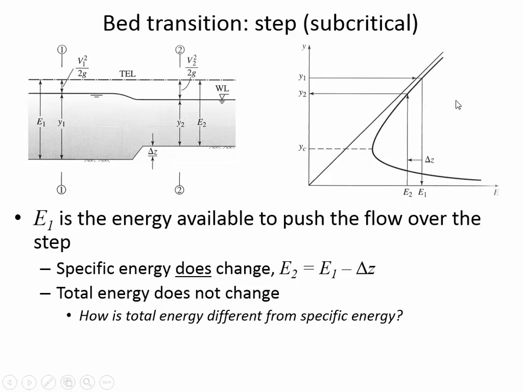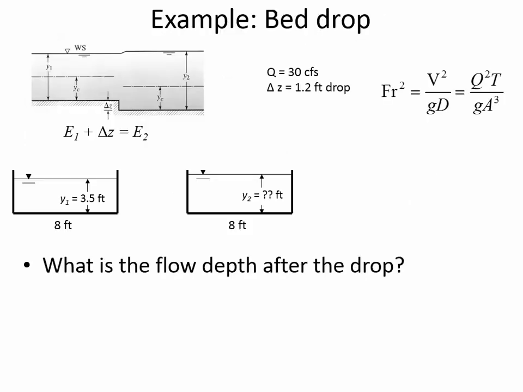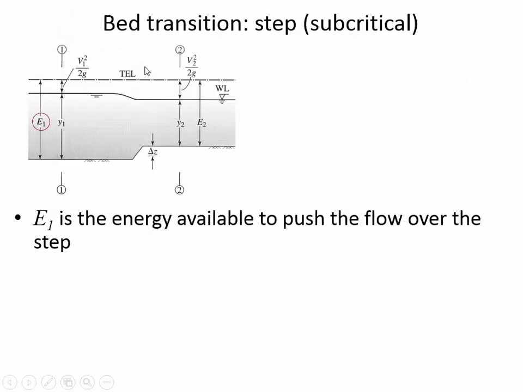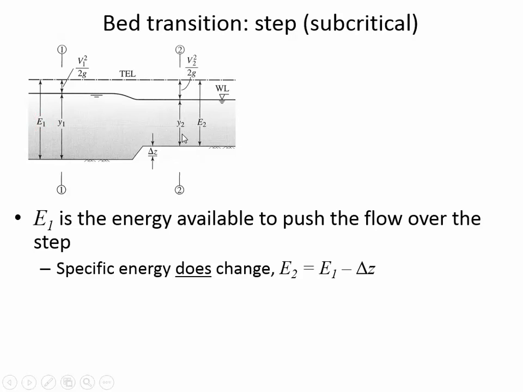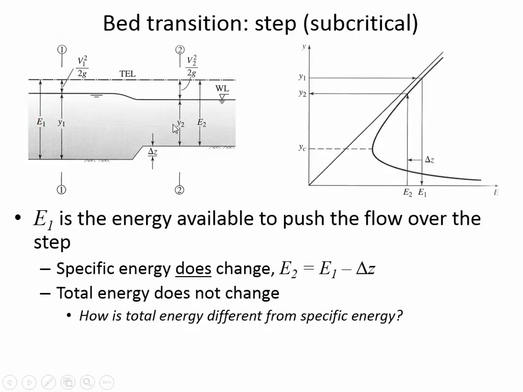But we're not gaining energy. Gaining energy means that your E is getting bigger, but our E is getting less, and so that puts us lower on the top part of that curve. The water surface here, it increased. Here, it's lower. Y2 is less.